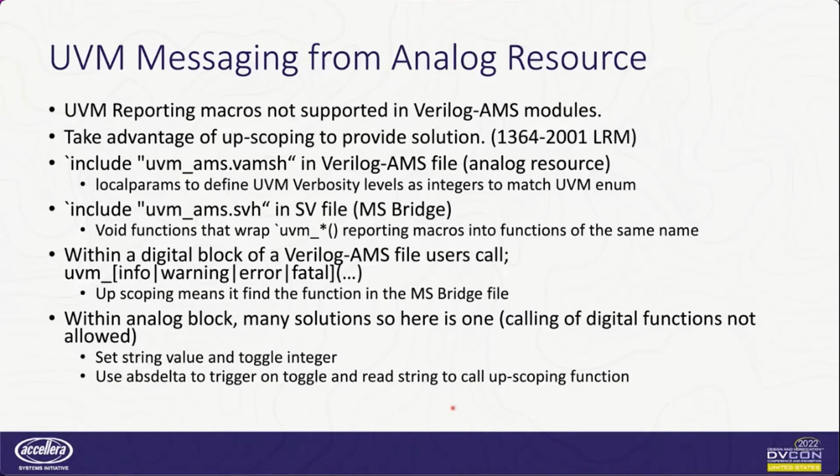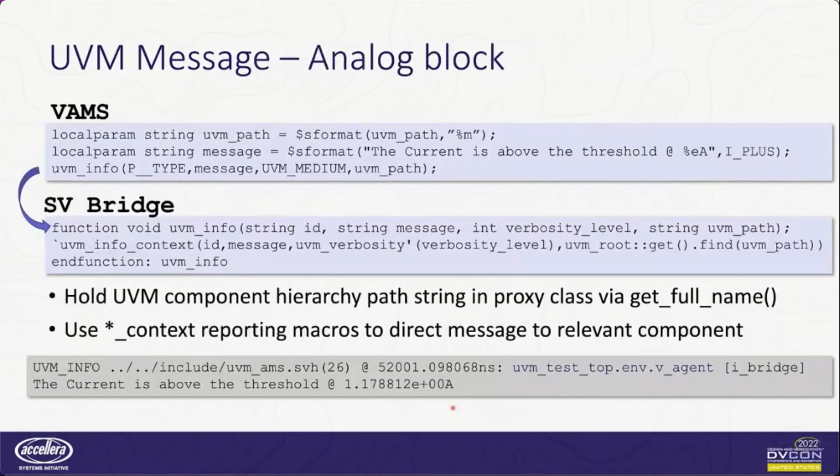And then we're going to create this UVM AMS include file that's going to have functions that correspond to those UVM info, warning, error, fatal macros that are in the UVM library. And so now within the Verilog-AMS file, you can call the UVM info function that will upscope, find that function inside the bridge, and then the bridge will pass the values into the corresponding UVM macro. So let's look at how that works.